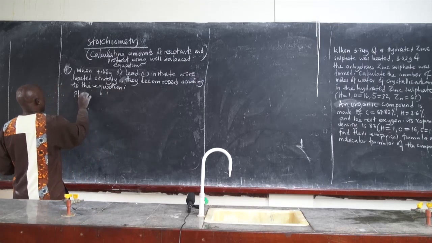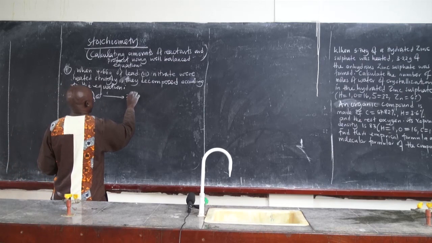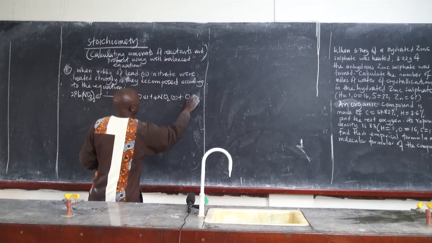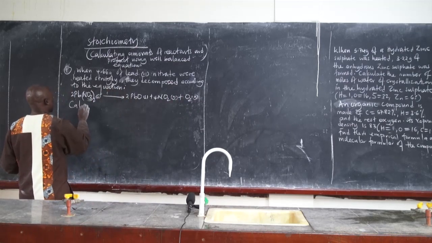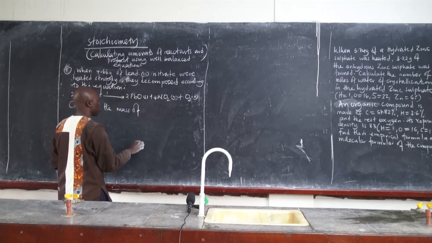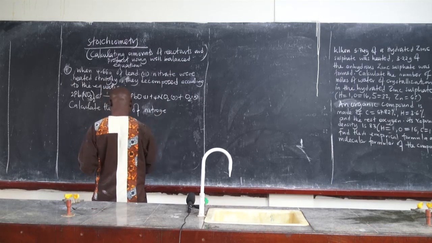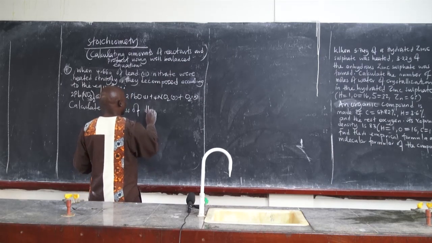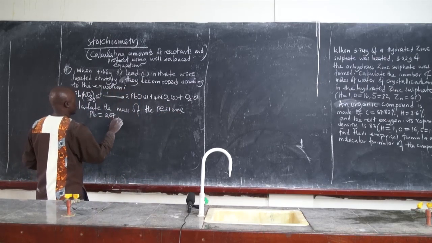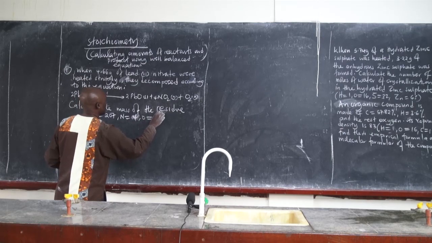Calculate the mass of the residue. Lead is 207, nitrogen 14, oxygen 16.